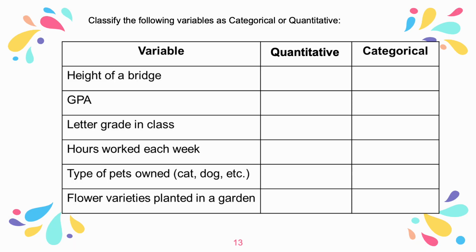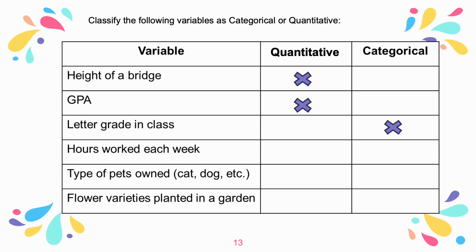Pause the video and see if you can classify this one on your own. So here, height of a bridge, that would be quantitative. GPA would be classified as quantitative because it's a number. Letter grade is categorical because it's not a number, it's a letter.